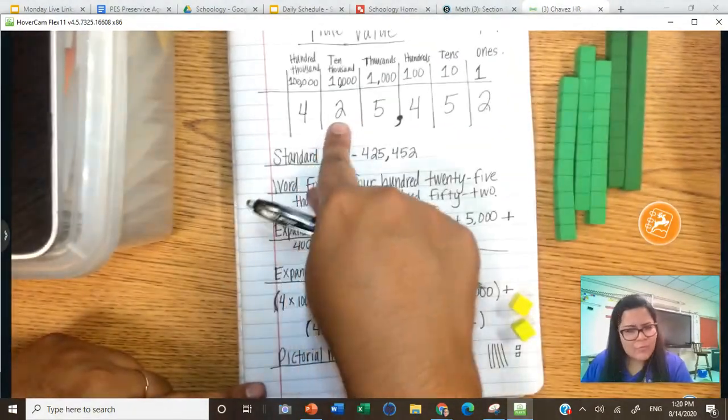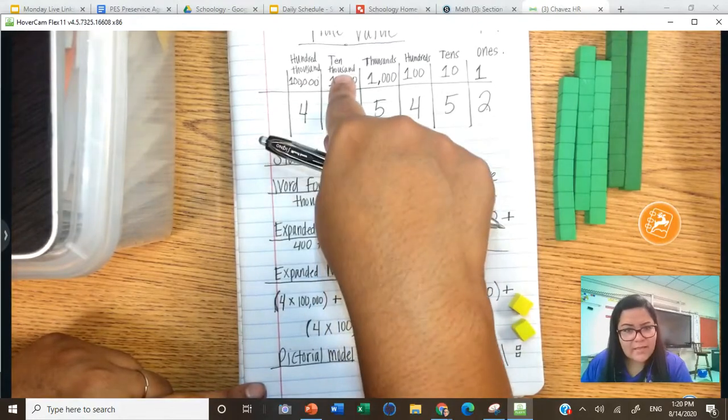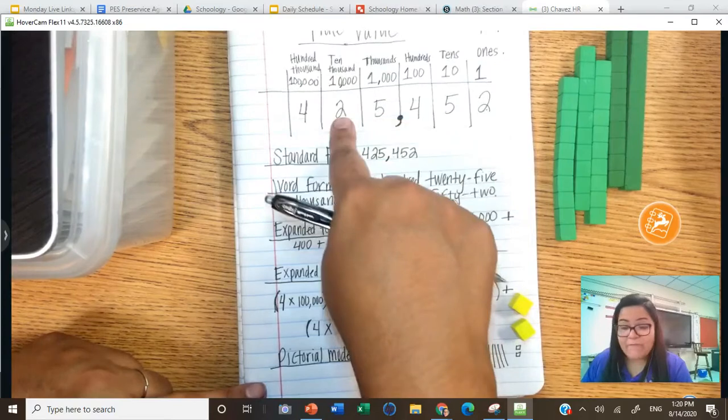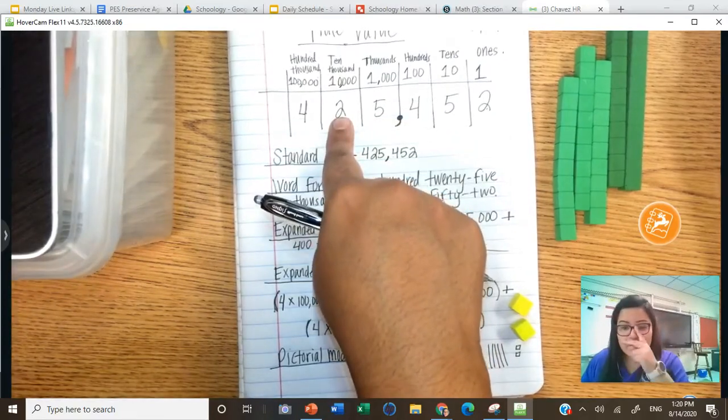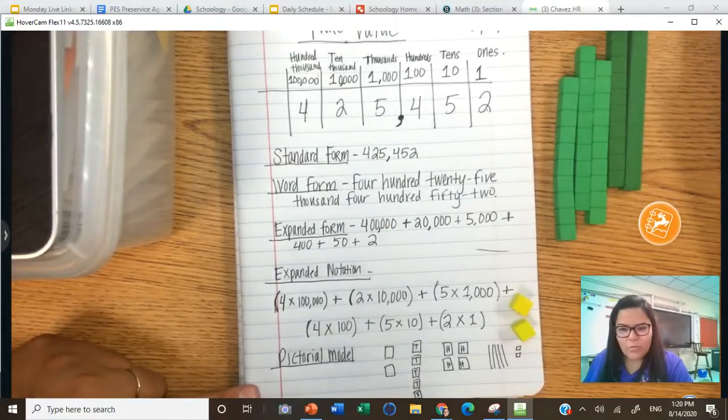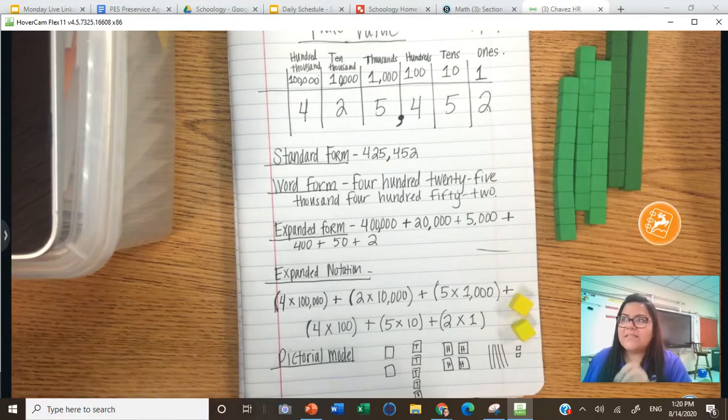Next one is my 2. And what is that 2? What does it say right there? 10,000. So I have 2 10,000s. So I'm going to draw 2 squares. What should we label these squares? 10,000s.